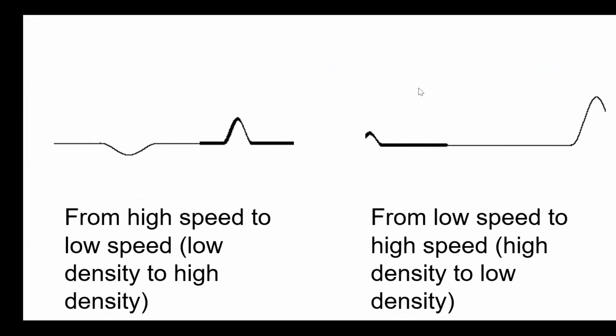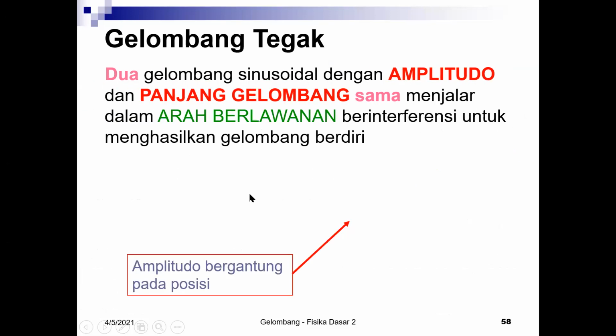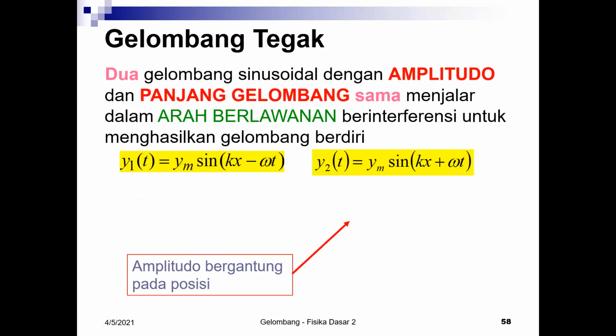We already discussed this last week. And also there is the standing wave. They have, for example, the same phase but different propagation. For example, this is from the left to the right, and this is from the right to the left.